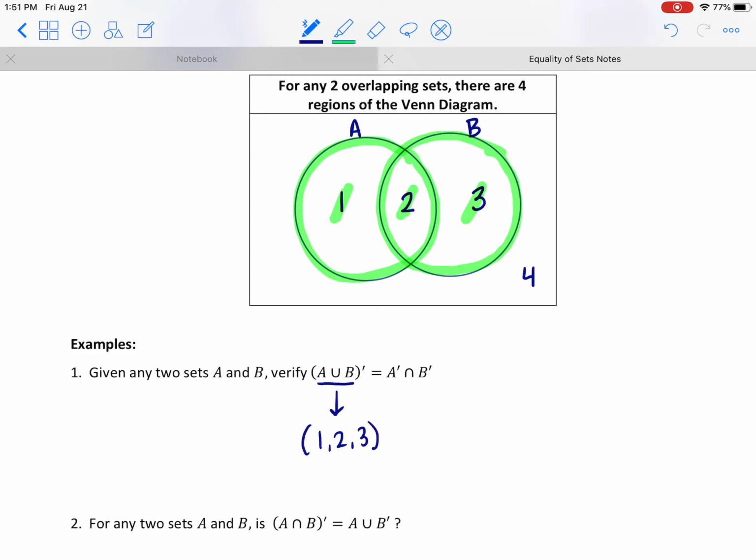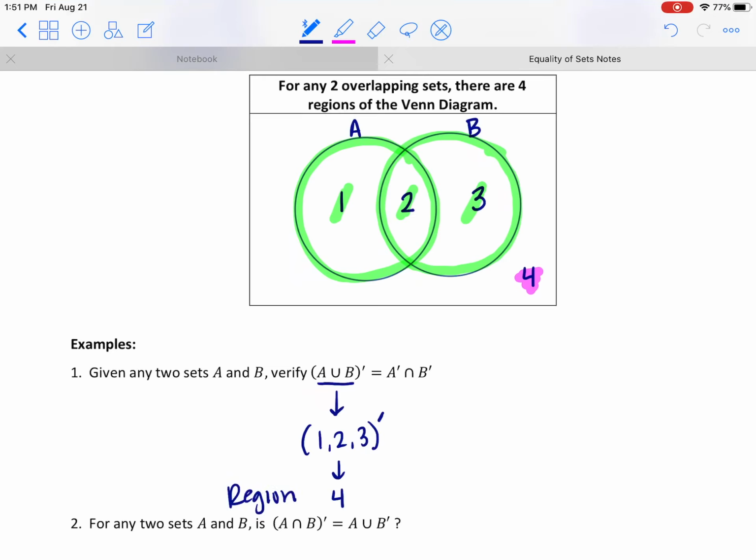But what we need is the complement for that union. So the complement for that union means we don't actually want the elements in that union. We want what's not in that union. So we want everything else. And everything else is going to be outside, which would be 4. So this leads us to region 4. Okay, region 4.